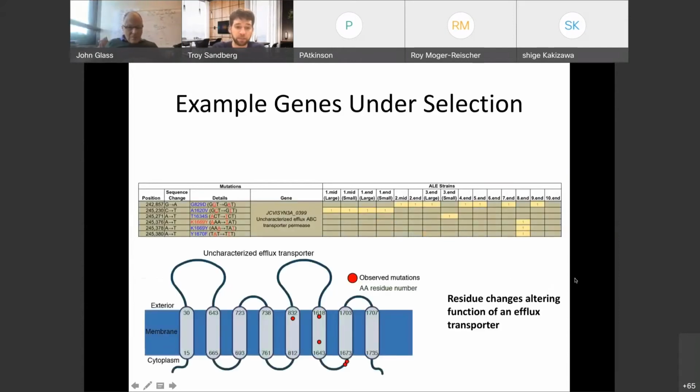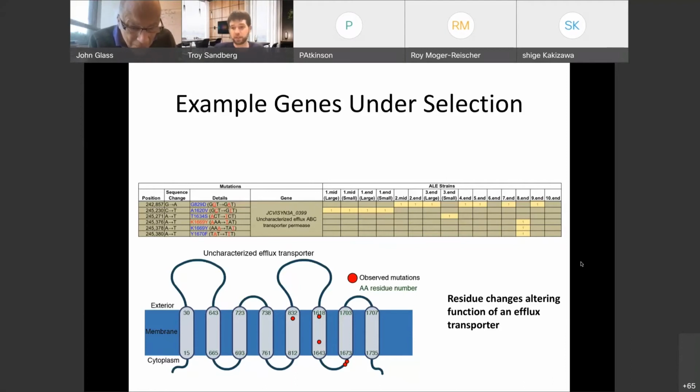This is an example of an uncharacterized efflux ABC transporter permease that got 5 distinct amino acid changing mutations within it. This is a model of what it should look like roughly, based on some computational software, and where the mutations we see fall.